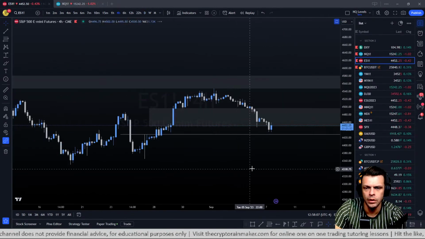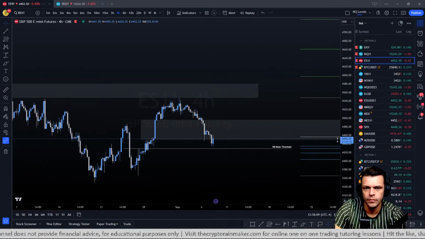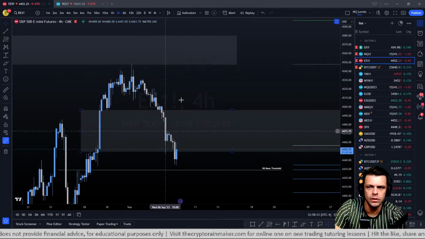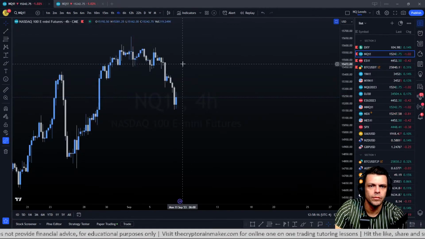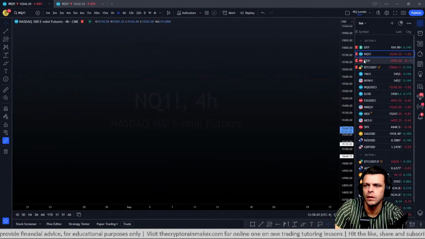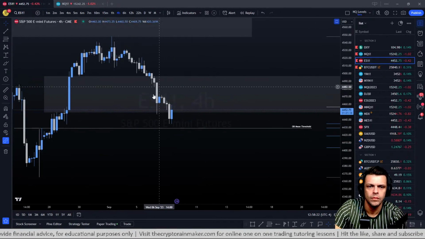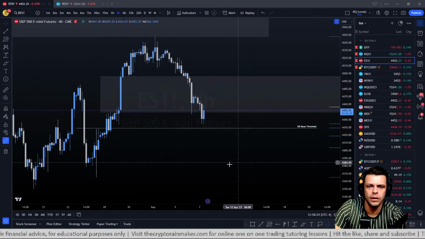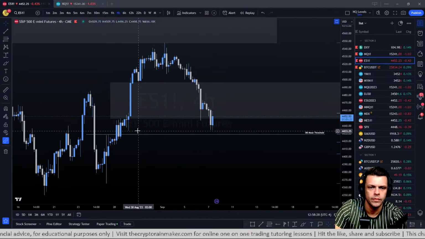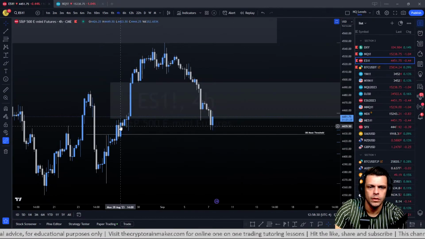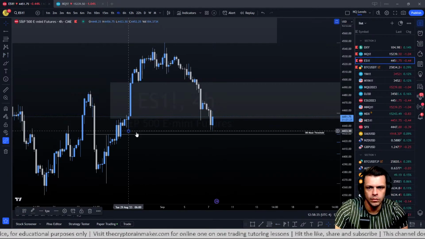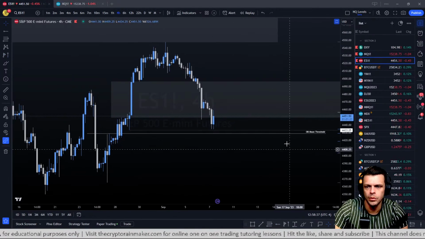So look at the 4 hour. Okay, so ES doesn't have that fair value gap high up. This one has it nice and far away. Over here, it's just right there. Now, I don't particularly like the fact that we have these two lows building up right there.